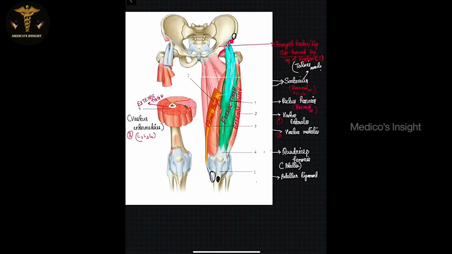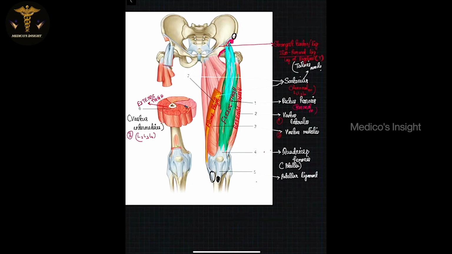So we can quickly summarize that the three vasti group of muscle, that is vastus medialis, vastus lateralis and vastus intermedius, all extend the thigh, and the rectus femoris flexes the thigh, and the sartorius, which is also known as tailor's muscle, also flexes the thigh, and is the longest muscle of the body. The strongest ligament of the body is known as the iliofemoral ligament or ligament of Bigelow, that is Y-shaped.